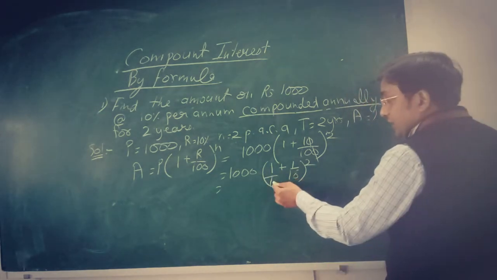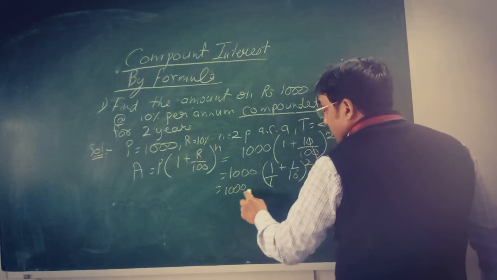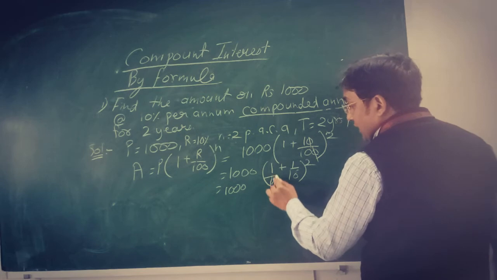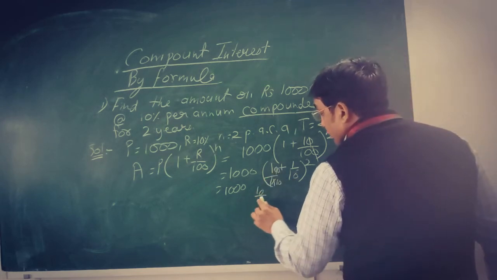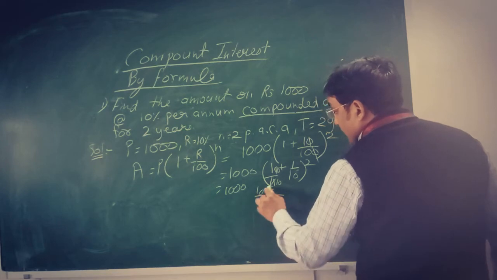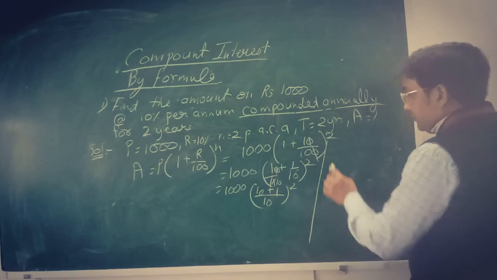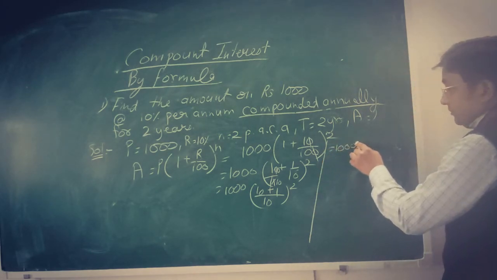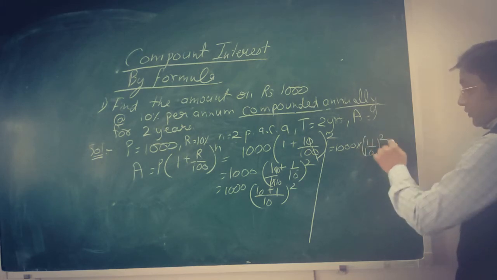Here it is 10. Here is 1. You have to make both the same. So 1000, and you will multiply by 10 upon 1. So it will be 10 plus 1. So it will be 1000 multiplied by 11 by 10 to the power.